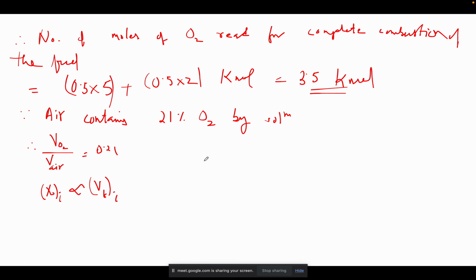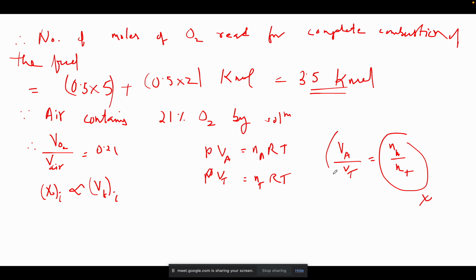Remember, we have already done this: P V A is equal to N A R T, and P V T is equal to N T R T. If you divide these, you will get V A by V T is equal to N A by N T. So this is the mole fraction and this is the volume fraction of the component, so the volume fraction and the mole fraction are basically the same.